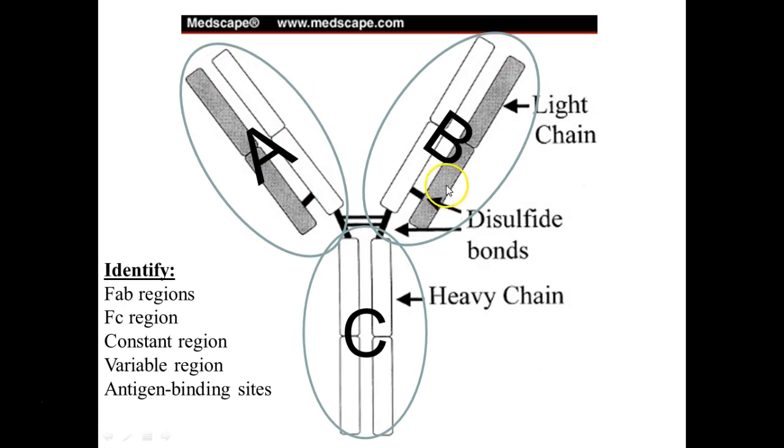They're the A and the B. And notice they comprise all of the light chains and only a portion of the heavy chain. Of course, the bottom, I said it crystallized. That's actually why it got the C label. This is referred to as the FC region. And you'll hear this a lot because, again, this is the portion that the immune system interacts with. So when we say a cell has an FC receptor, we're saying that it's able to bind to this portion, this region of an antibody.